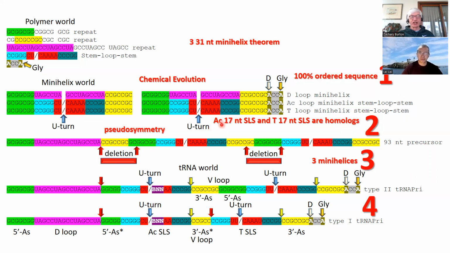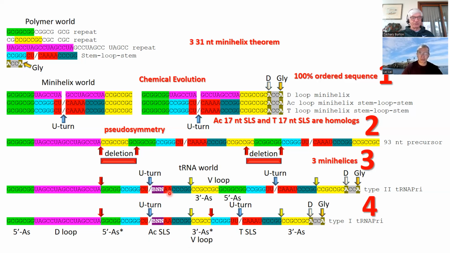Second point, the anticodon 17 nucleotide stem loop stem, and the T 17 nucleotide stem loop stem are homologs. So let's look at that here. Stem loop stem for anticodon, stem loop stem for T. This sequence and that sequence are still closely related, essentially like nearly identical twins in this molecule.